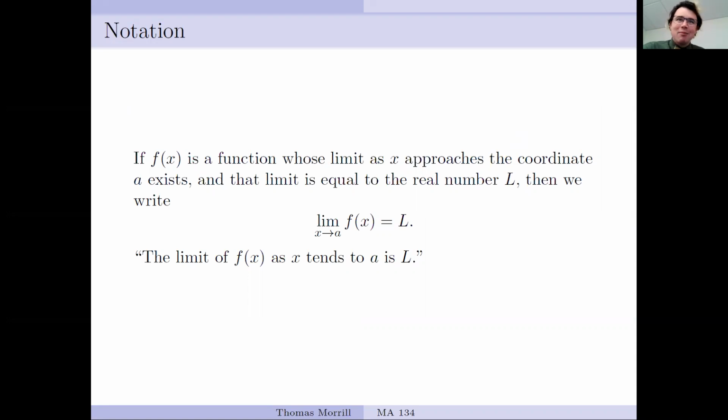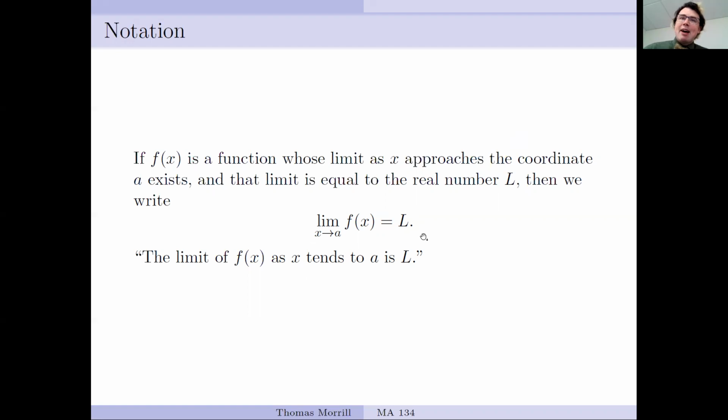I can fill that in later. And I'm also going to say that the limit of this function does exist, like some of the previous examples we've seen, and that the limit is going to be equal to some real number that I will call capital L. And the way I put that all together in my notation is this equation right here.